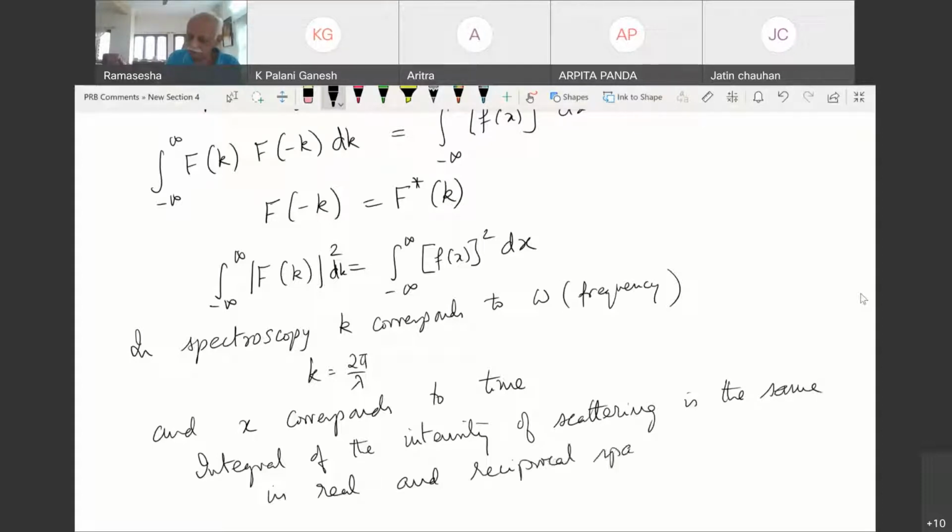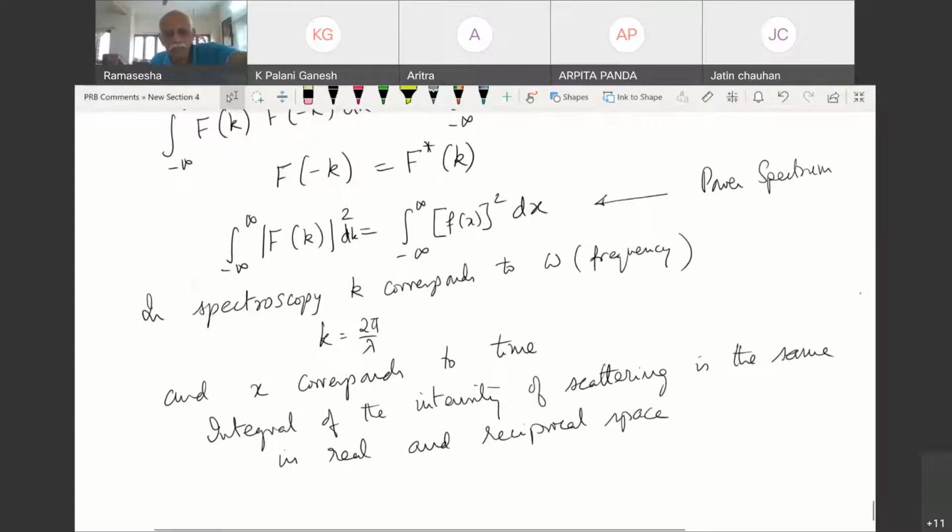This is called the power spectrum. In any physical problem, you call them power. So the power spectrum is the same whether you have it in k space or omega space, or in k space or x space.